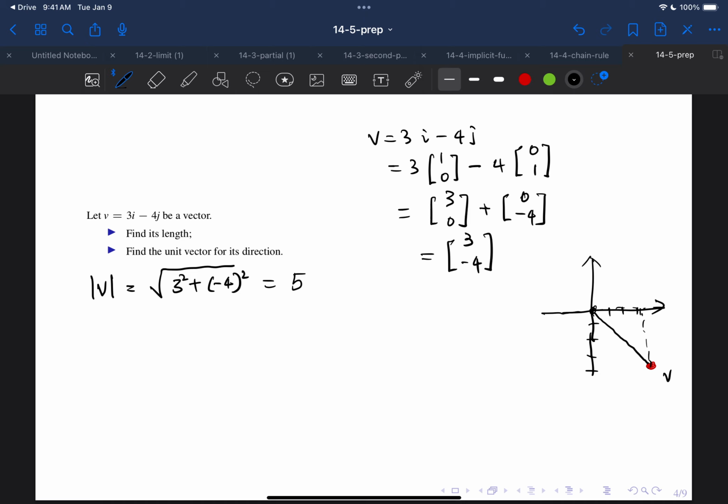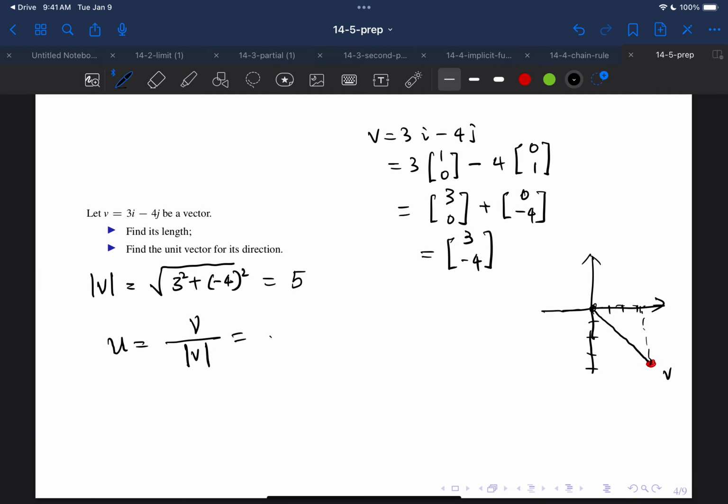Alright, what is the direction? The direction is a unit vector, normalizing v to unit length, or length 1. Let's say u is its direction, then it's written as v over its length. v is given by 3i minus 4j, and its length is 5.